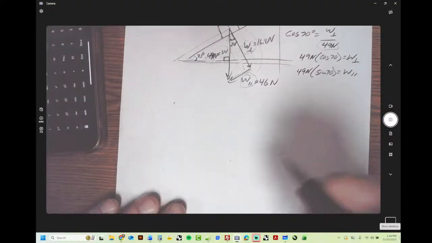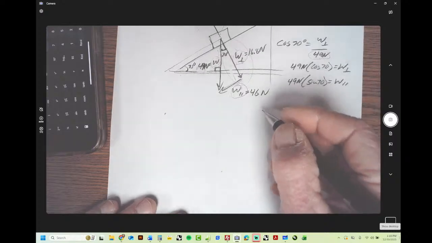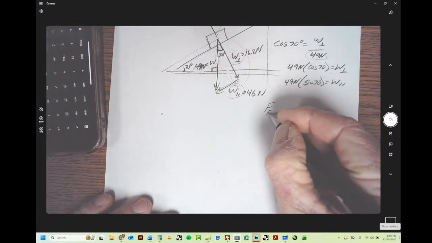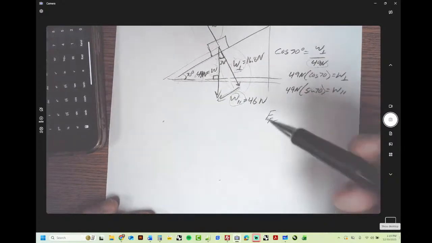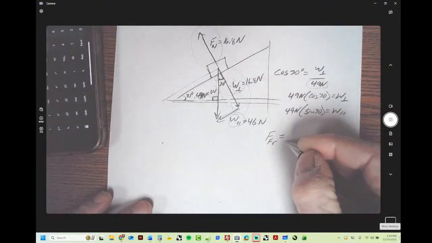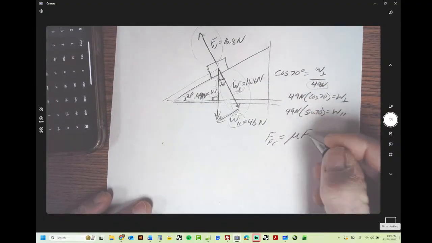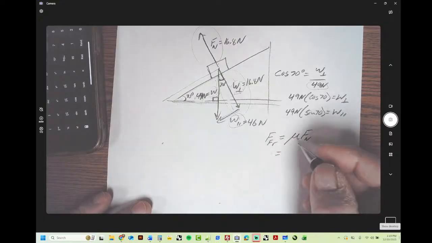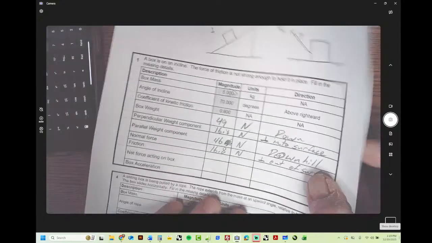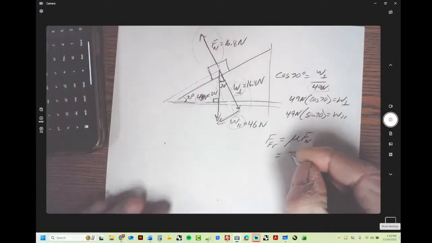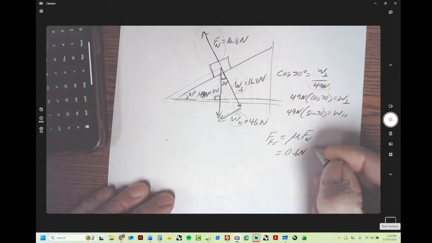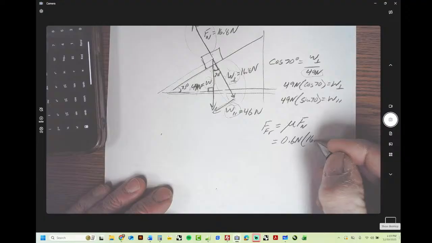Friction, when you can do it, use the formula. The formula for kinetic friction, because it says the box is sliding, is just mu times the normal force. And mu in this case is 0.6. And the normal force is 16.8.